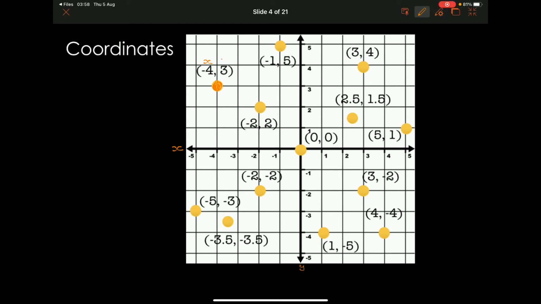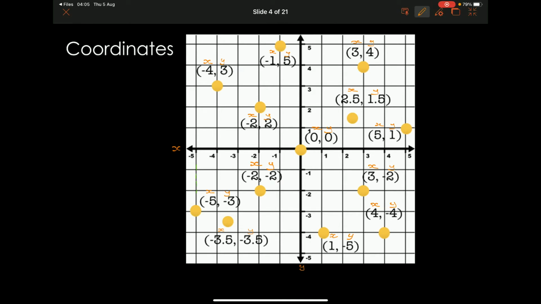That means that 3 is the y coordinate, and that's the same for every single coordinate on here. X is always first, y is always second. This will help you later on in the lesson. Okay, x, y, x, y. I'm going to label them all.